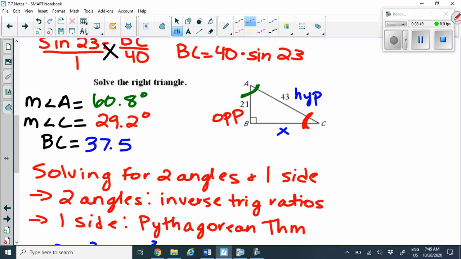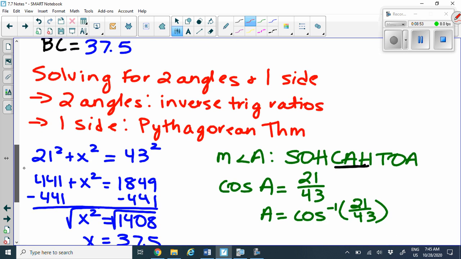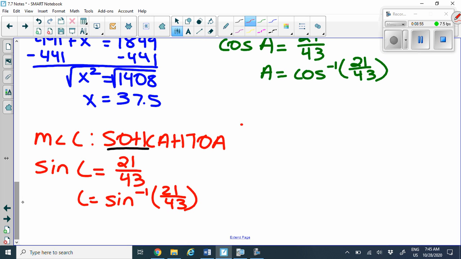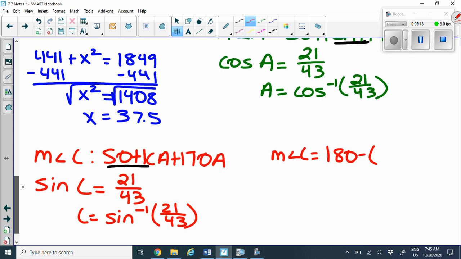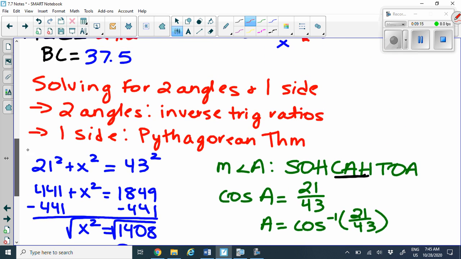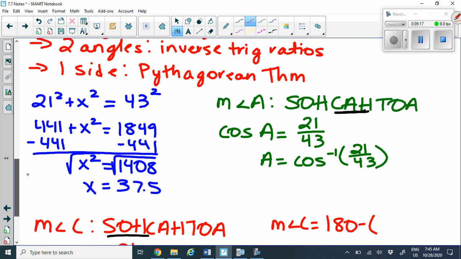Okay. Now I'm going to also show you the other way we could have done this with subtracting. And let's see if we get the same answer. So yes, we used inverse trig ratios, but because we solved for angle A and we know 90 degrees, we also could have subtracted from 180. So let's see if we could get that. So measure of angle C, we could have done 180 minus. For angle A, we got 60.8.